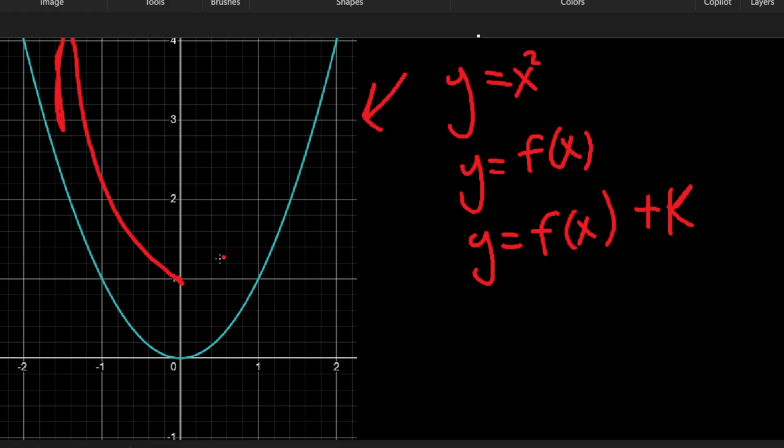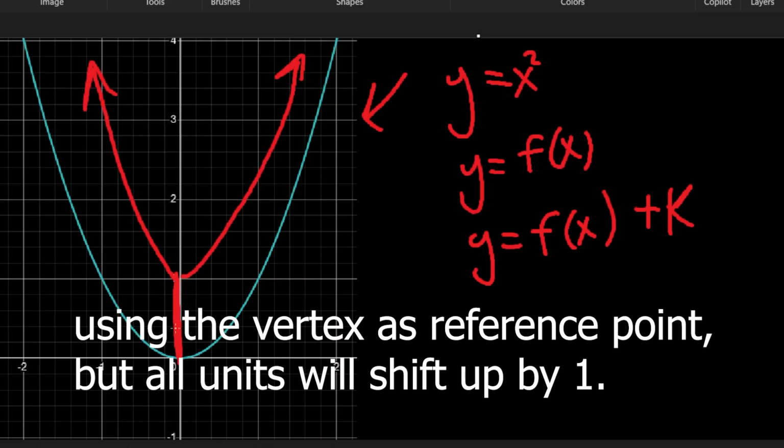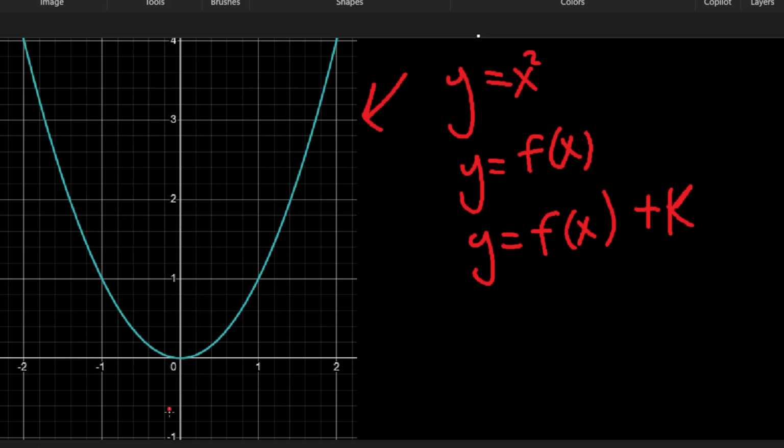This is not an accurate graph, by the way. This is actually a really bad graph. So +1, it'll shift up vertically. The vertex will shift up by 1. If you do -1, the vertex will shift down 1. So if k is negative, the graph moves down, and if k is positive, it moves up.